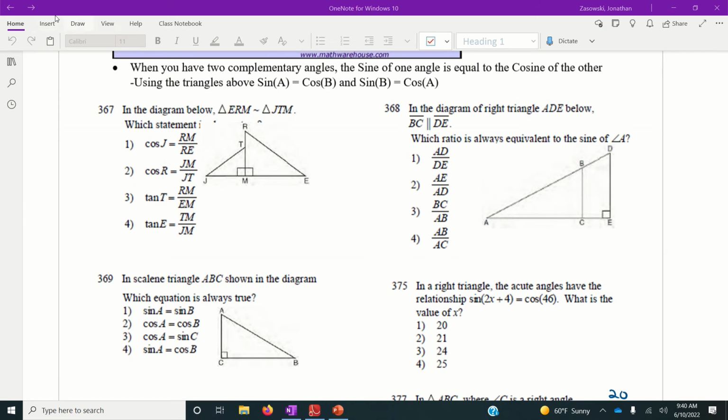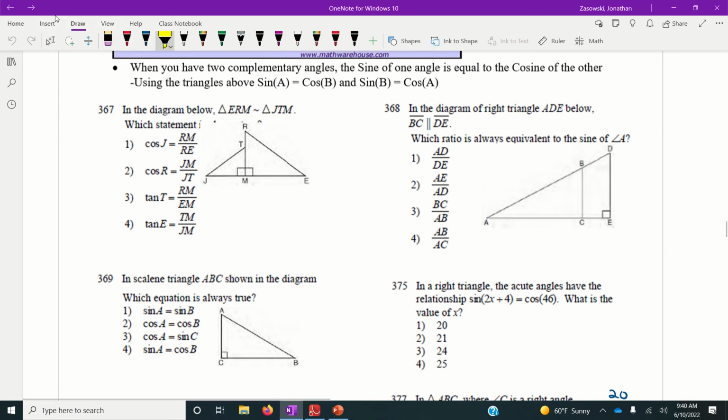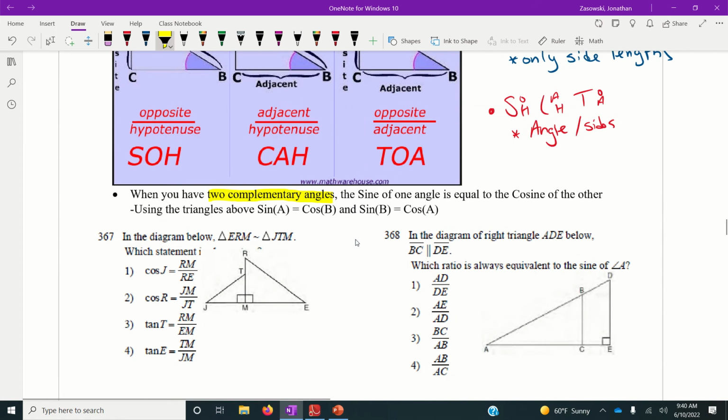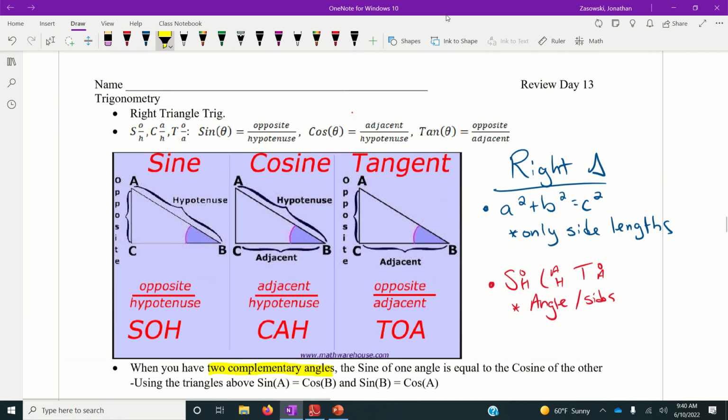When we're looking at the two triangles, notice that the two complementary angles are always going to be the angles that are not the right angle. So when the right angle is angle C, angles A and B have to add to 90 degrees. These are the complementary angles. So the two angles that are not the right angle I refer to as the complementary angles.